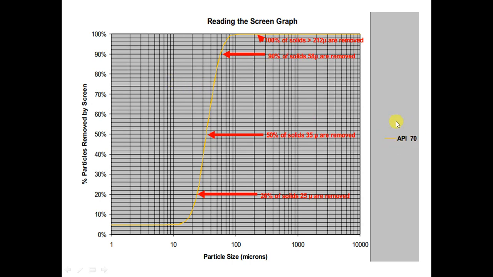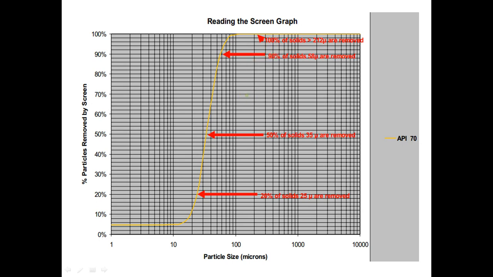And as I told you, every solids control equipment, every screen, hydrocyclone, desander, desilter, centrifuge, has its own API D curve and its own D cut point.